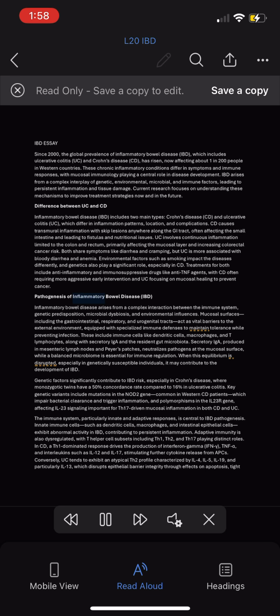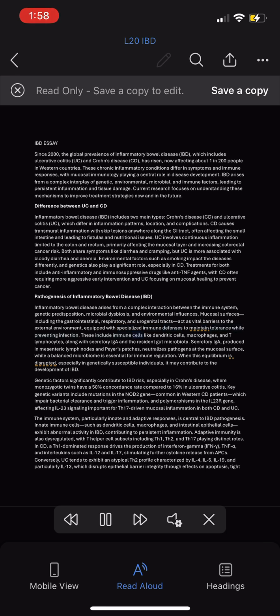Pathogenesis of inflammatory bowel disease, IBD. Inflammatory bowel disease arises from a complex interaction between the immune system, genetic predisposition, microbial dysbiosis, and environmental influences. Mucosal surfaces, including the gastrointestinal, respiratory, and urogenital tracts, act as vital barriers to the external environment, equipped with specialized immune defenses to maintain tolerance while preventing infection.